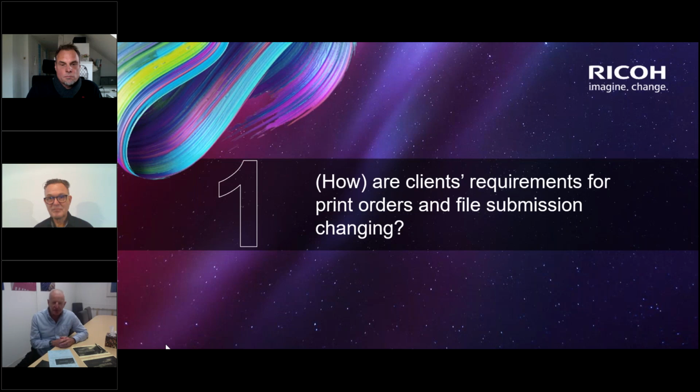We have some very complex work where we're working with creative agencies. We're called in at the planning stage, and our job is to supply them with some very creative papers via our contact with the merchants. But at the other end of the scale, we have clients, mainly in the property market, where we have daily large quantities of small orders.